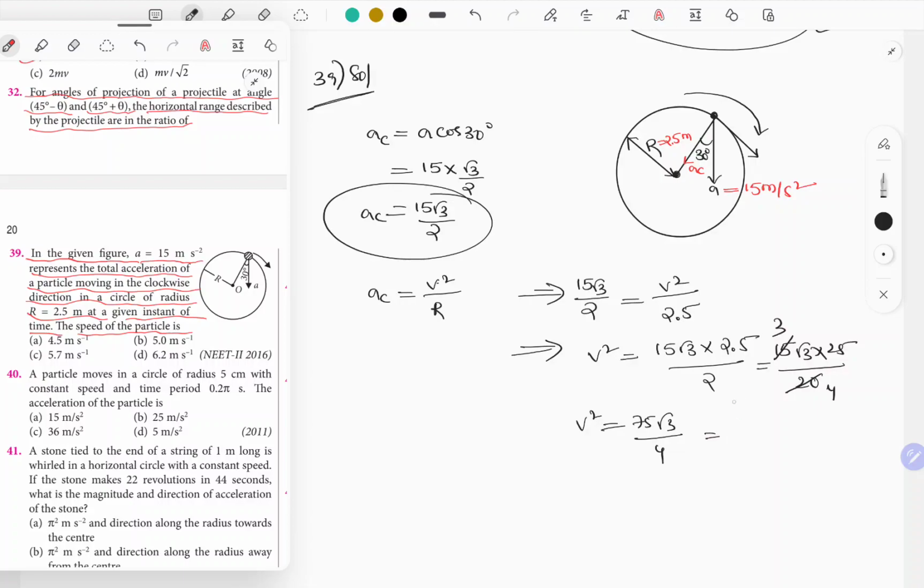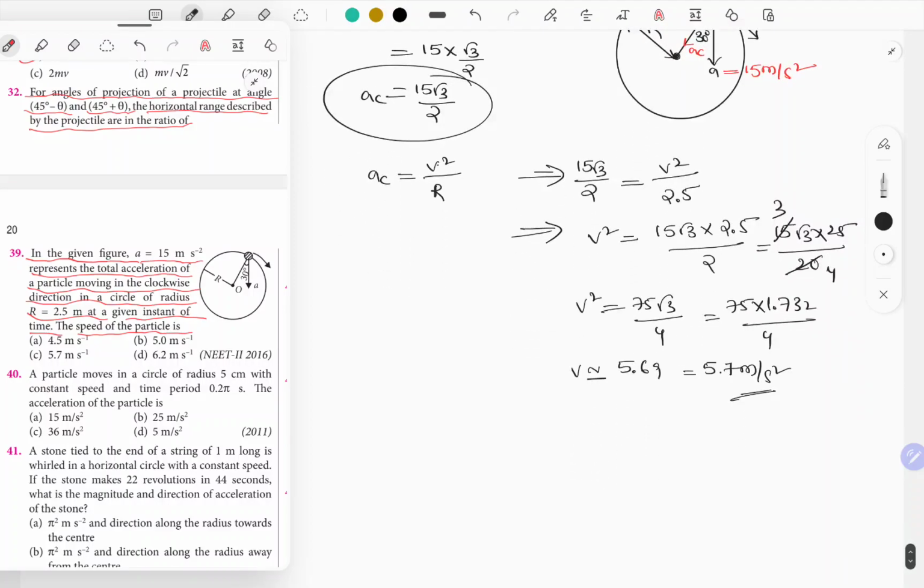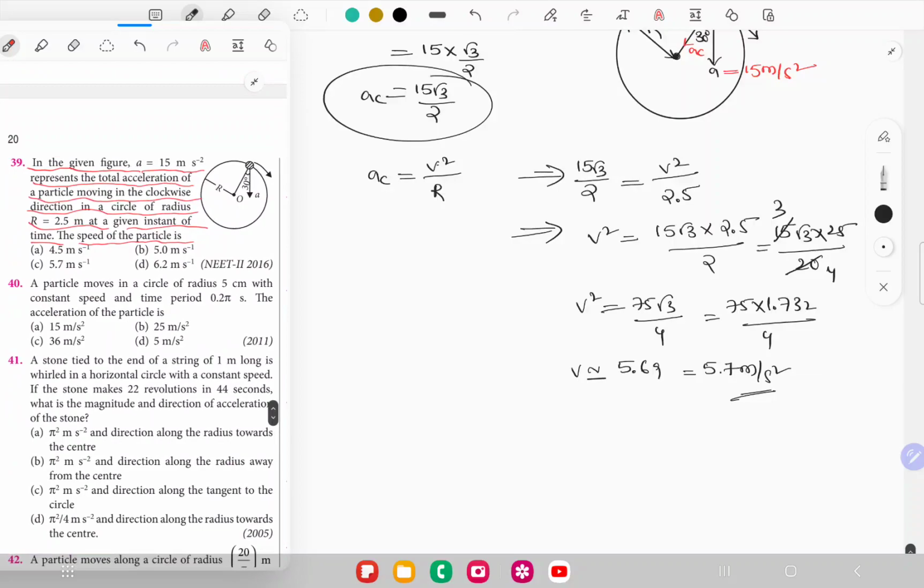The root 3 value is 1.732, so 75 into 1.732 divided by 4. If you substitute all these things, we get V approximately equal to 5.69, which is about 5.7 meter per second. These calculations you have to try on your own.